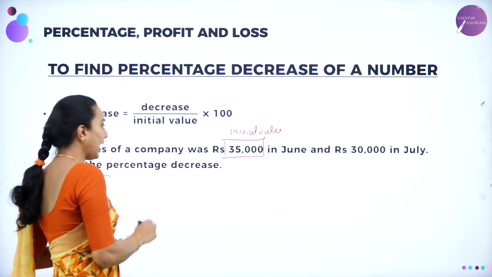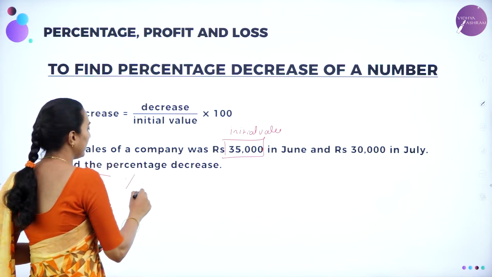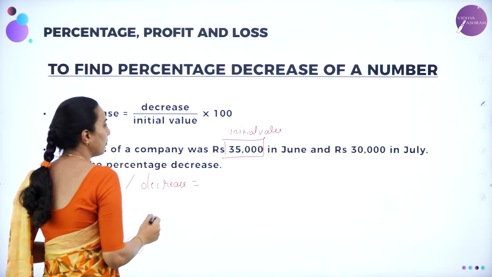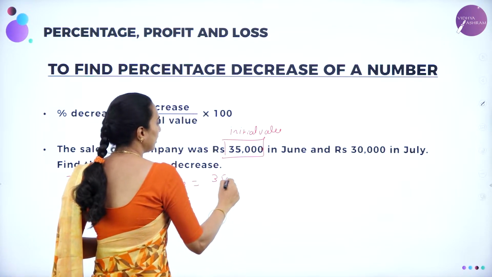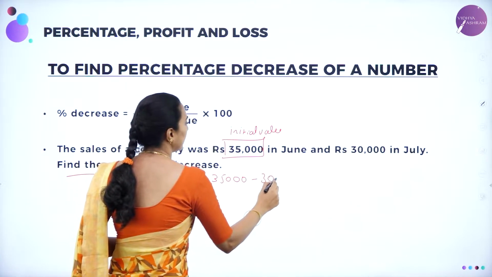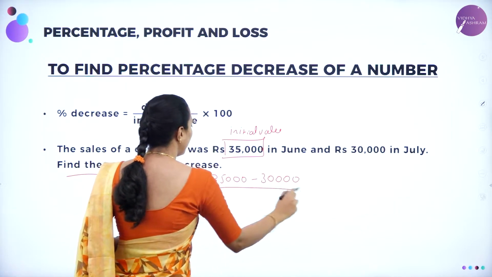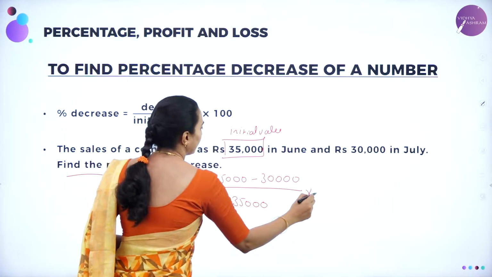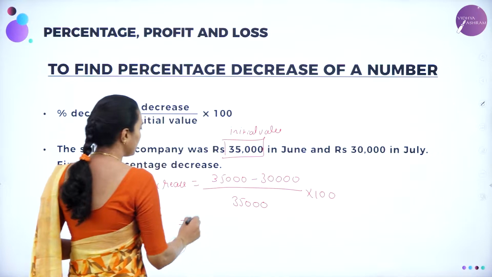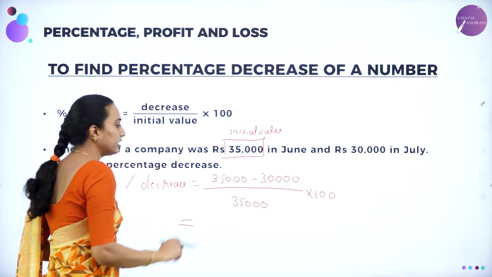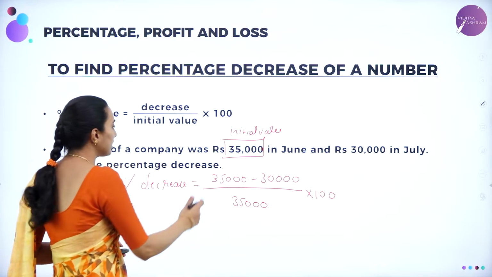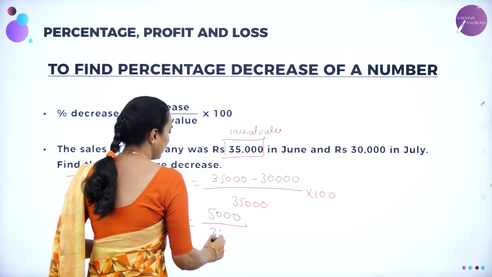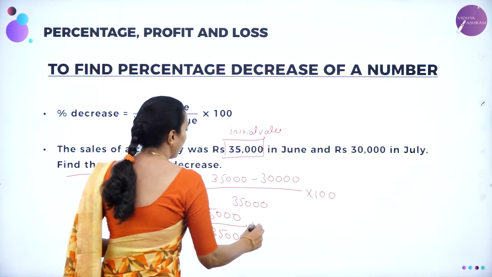So if you calculate accordingly, percentage decrease is equal to 35,000 minus 30,000 divided by 35,000 into 100. So 35,000 minus 30,000 is 5,000 divided by 35,000 into 100.